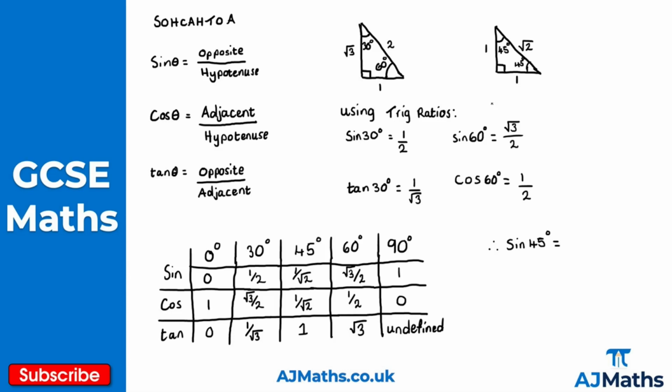But let's just say we pick this one. My opposite here would be this 1, my adjacent will be 1, my hypotenuse would be root 2. So for sine, that's the opposite divided by the hypotenuse. The opposite is 1 divided by the hypotenuse, which is root 2. We get 1 over root 2, and again, that matches what we've got here in the table.